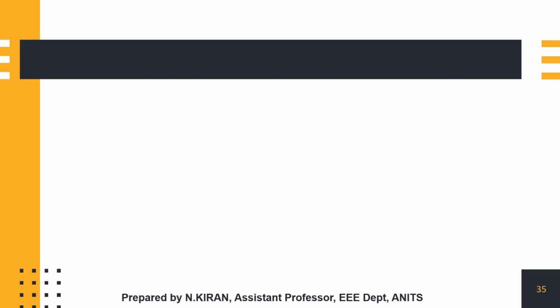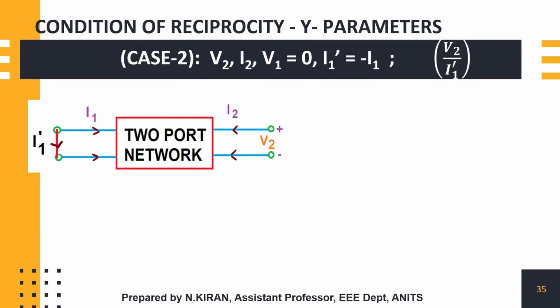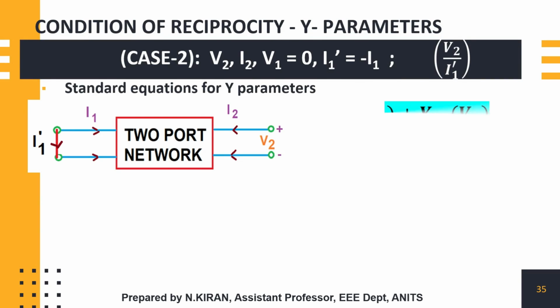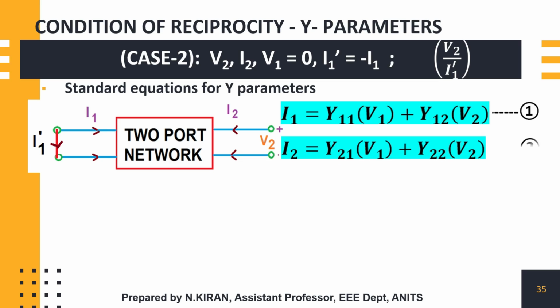In the second case, I am considering excitation in the output port and response in the input port. Here also the standard equations for Y parameters I consider as equations 1 and 2. Here the conditions that I need to substitute are V1 is equal to 0 and I1 is equal to minus I1 dash.